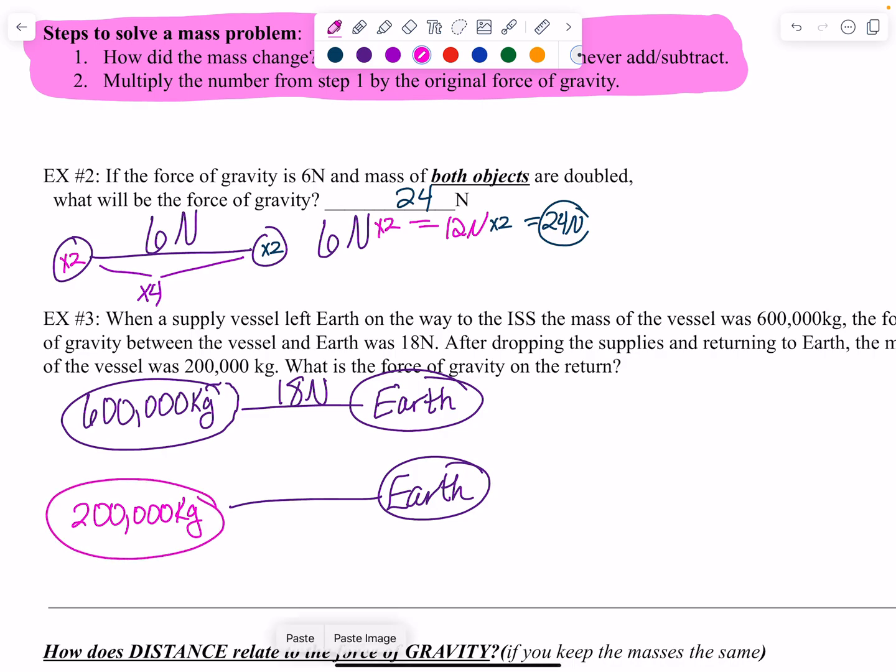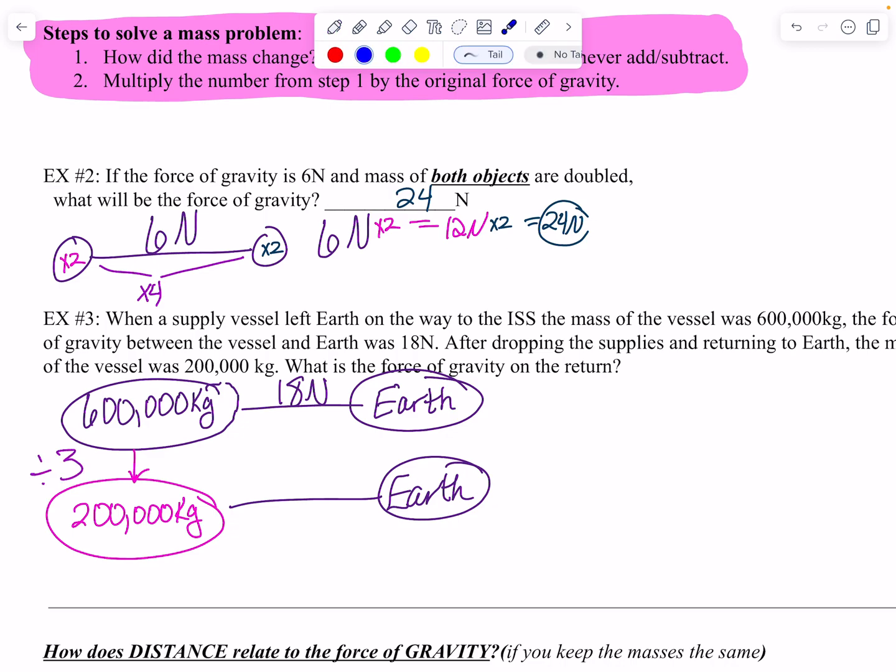So I've got to figure out what had to happen. How did we get from there to there? And remember, it's always multiply or divide. It's never add or subtract. So what would I have to multiply by or divide by to get from 600,000 to 200,000? Well, I am going to be dividing by 3, right?